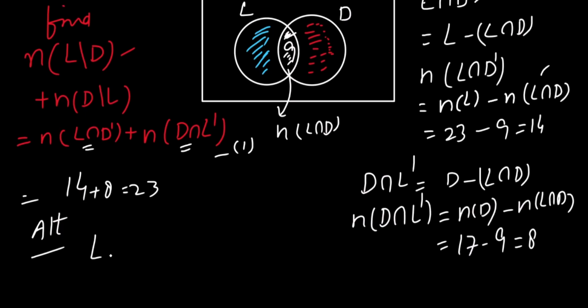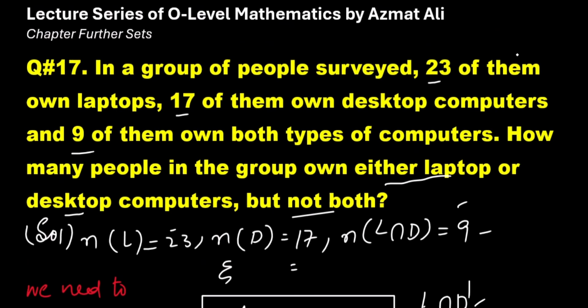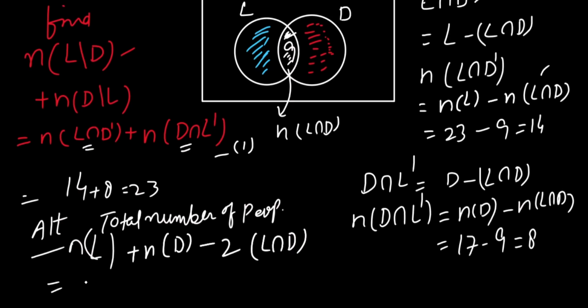This is given by N of L plus N of D minus 2 times N of L intersection D. The number of people having laptop is 23 and desktop is 17. 23 plus 17 minus 2 times the common 9.